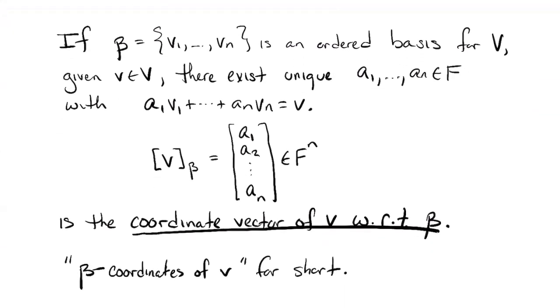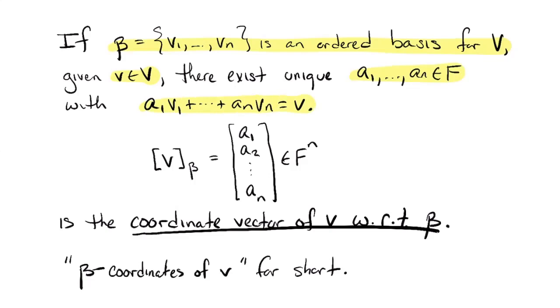Okay. So moving along here, what do I mean by the coordinate vector? So you give me some ordered basis, okay? So beta is an ordered basis for my vector space V. Then when you give me a vector in V, because beta is a basis, there are unique scalars, A1 to An, such that you can write V as that linear combination, right?